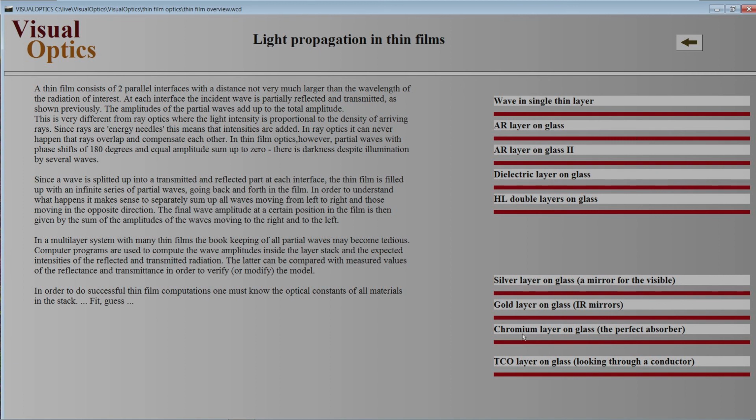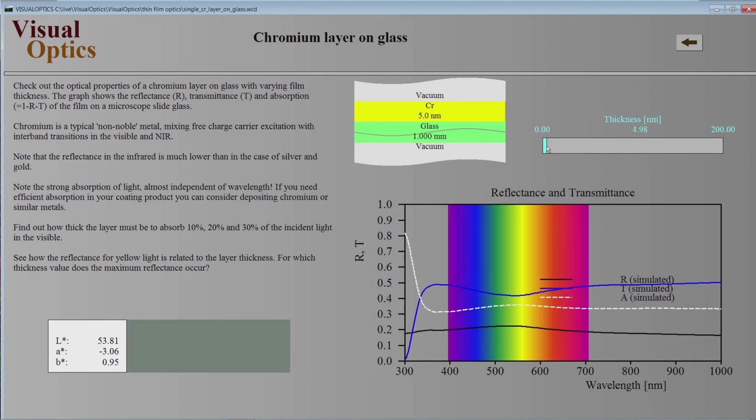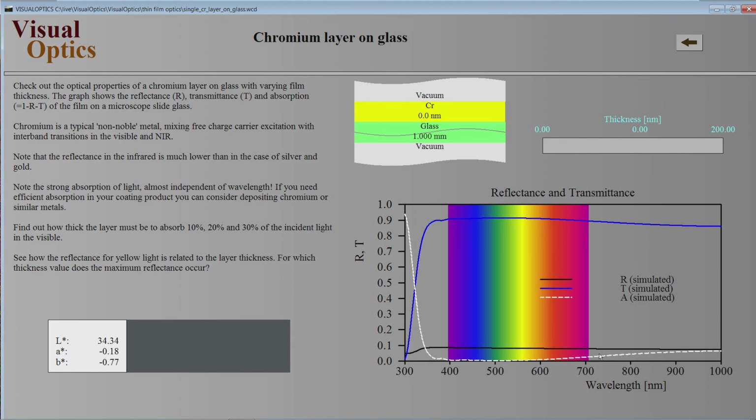A chromium layer is shown here as a typical example of a highly absorbing layer, a highly absorbing normal metal layer. Chromium has refractive index values which are not very high, and n and k are almost the same, I think in the range between 1 and 4. And here you should take a look at the absorption.